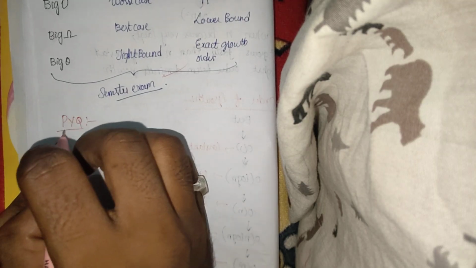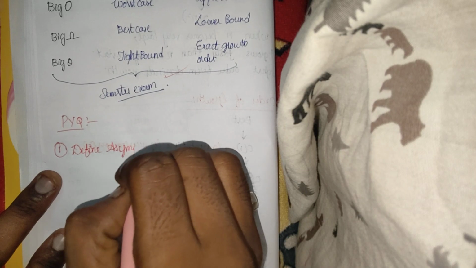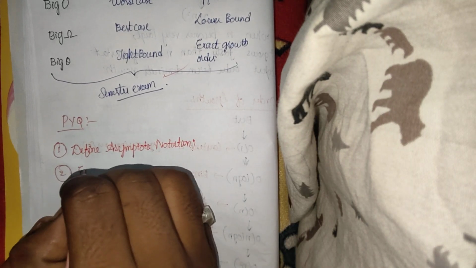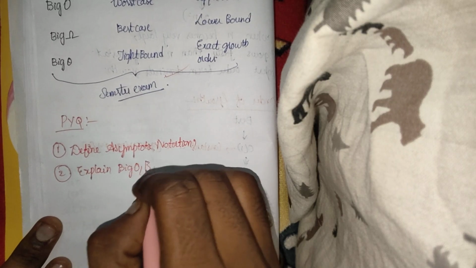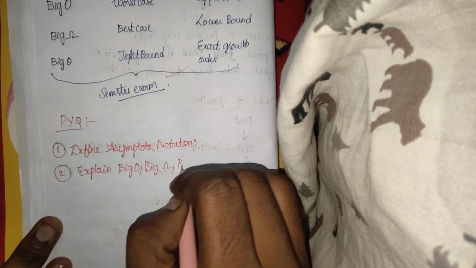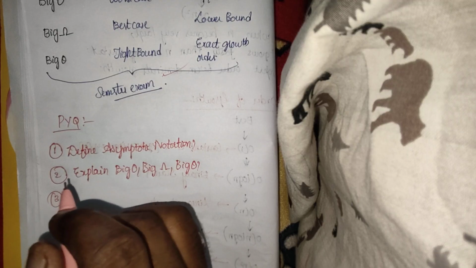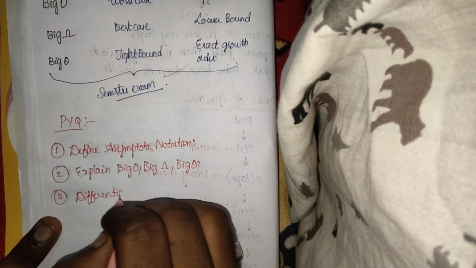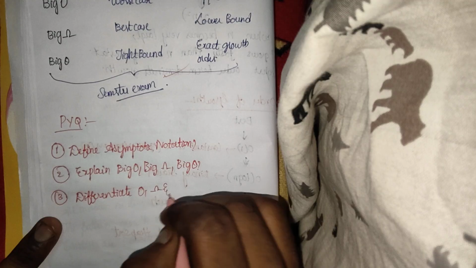Number 1, define asymptotic notation. Number 2, explain big O, big omega, and big theta. Differentiate O, omega, and theta.